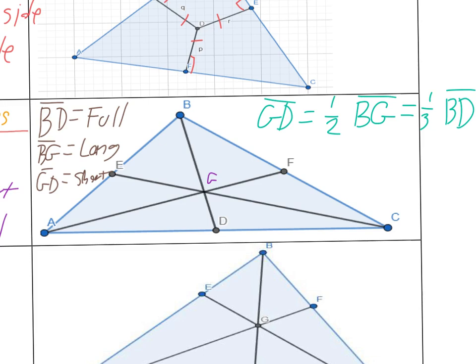Whereas the long segment, known as BG, is equal to twice whatever the short segment, GD, is, as well as 2/3 of the full segment, BD.